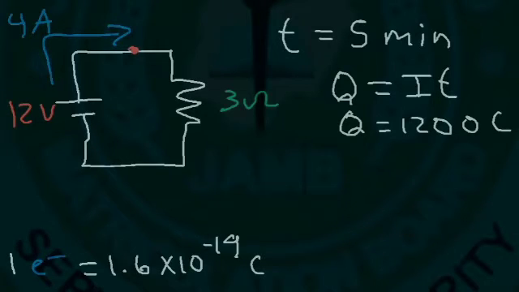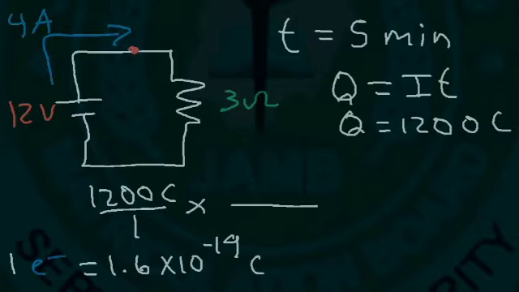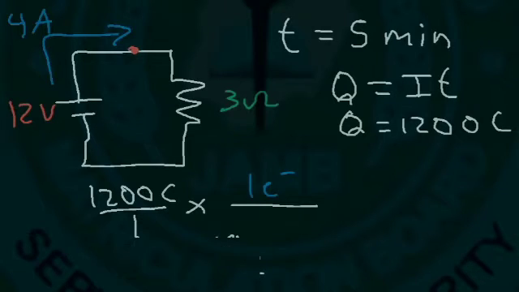Now this value is rounded. It's really like 1.602. So if you start with 1200 coulombs over 1, and if you convert it, there's one electron per 1.6 times 10 to the negative 19 coulombs. Let's put that in the bottom so that the unit coulombs will cancel.